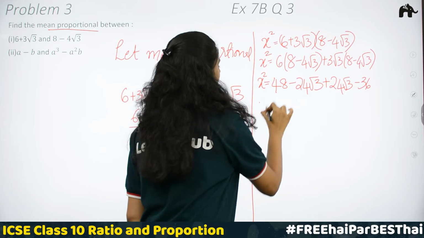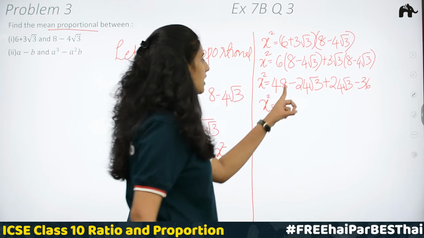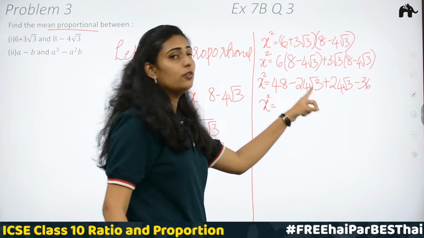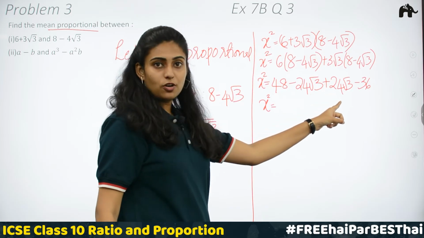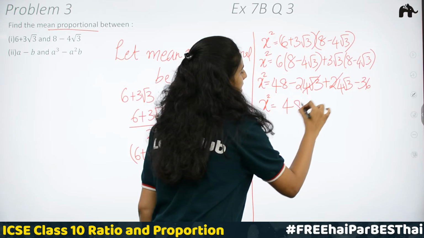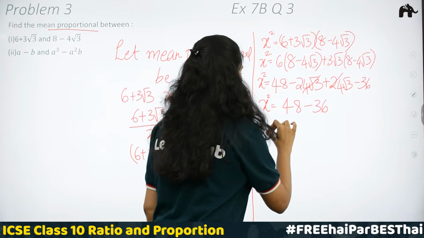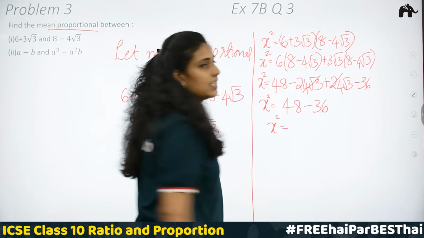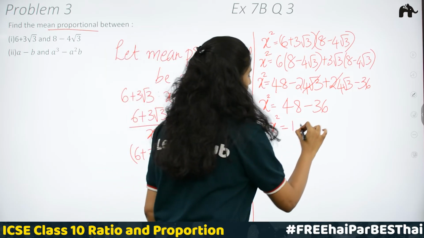That is, x square is equal to, here we have minus 24 root 3 and plus 24 root 3, which can be cancelled. Okay, 48 minus 36. x square is equal to 48 minus 36, which is 12.